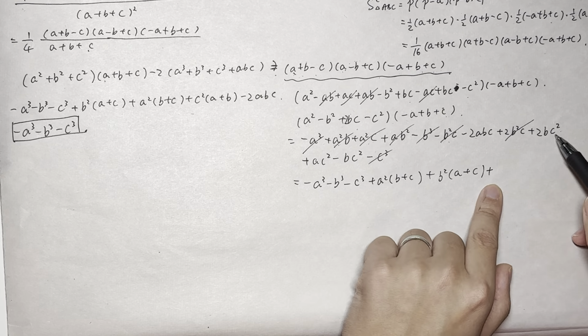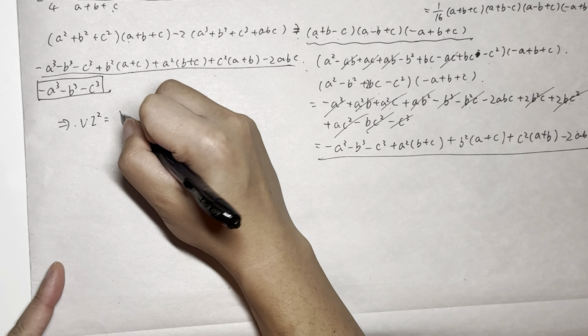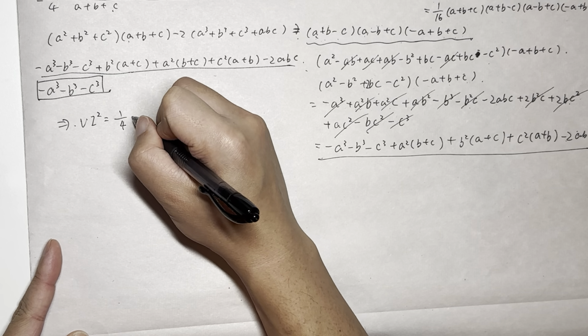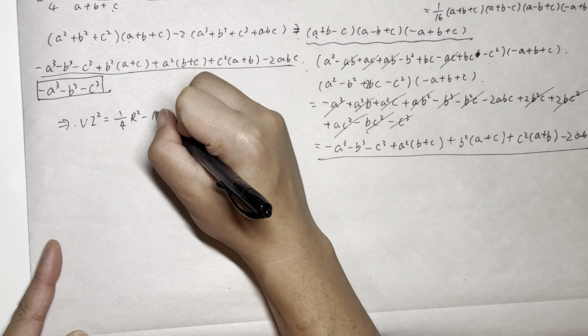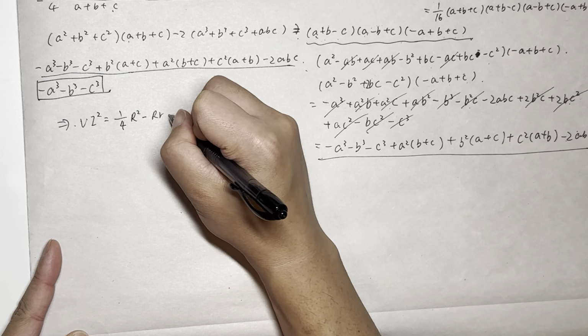Which means we just proved that VI squared equals this one, equals to half of R minus R squared, right? We just proved this.